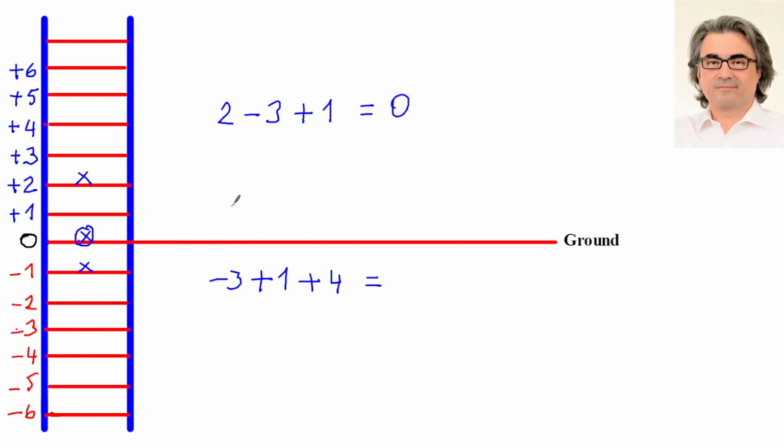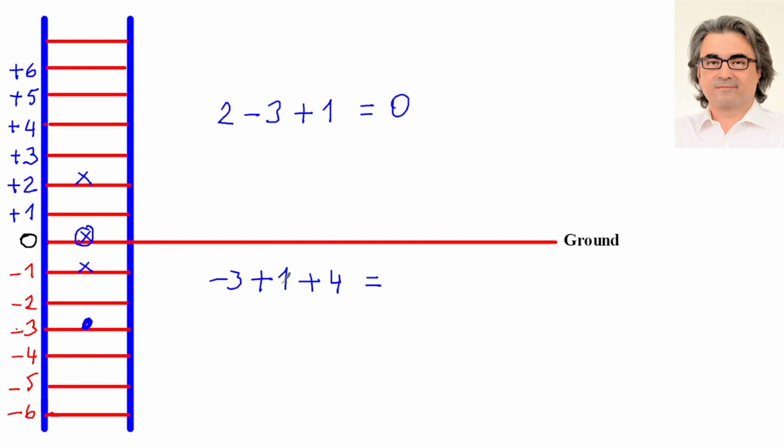It means I have to go down 3 steps from the ground. If the first number is minus 3, I should start from the ground. Okay, let's count it. 1, 2, 3. And remark with another method like this. Now my last position is minus 3.